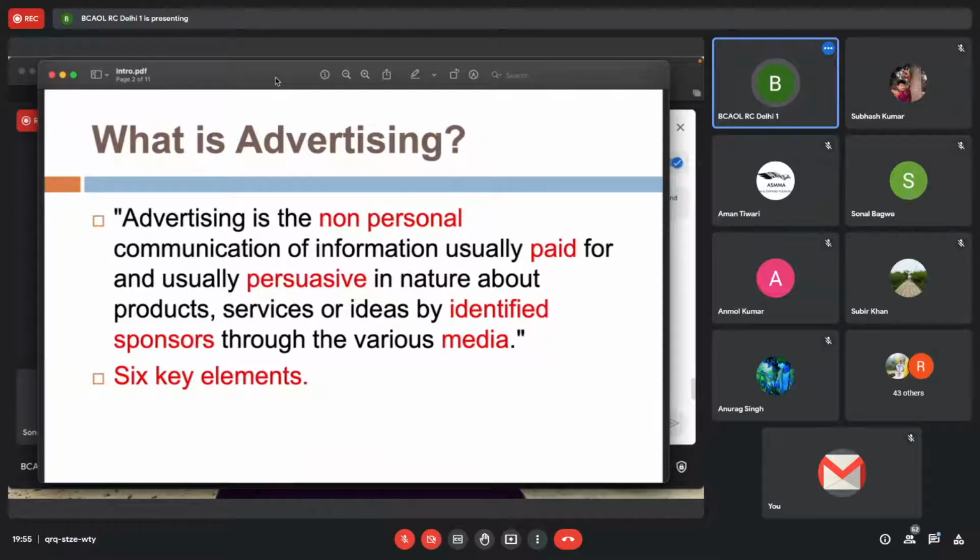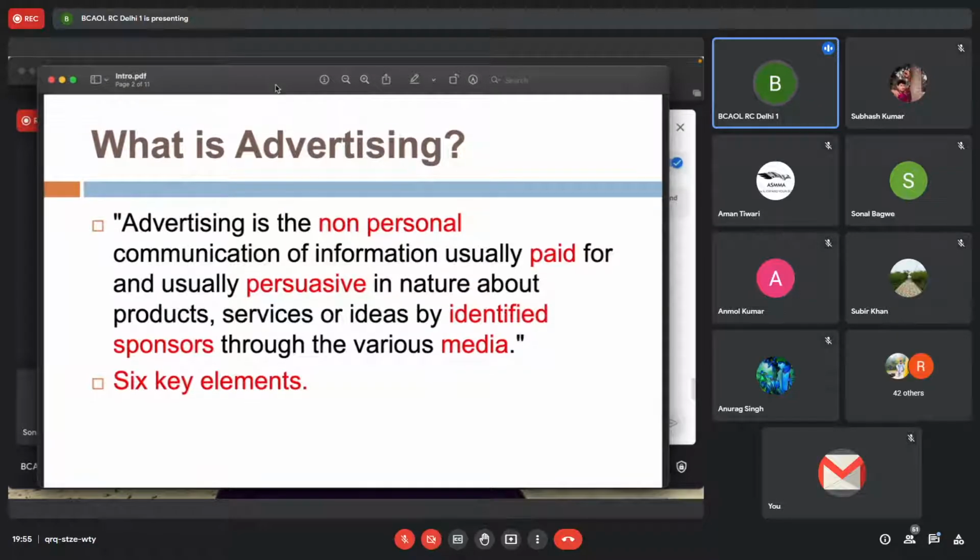Right now, the kind of advertising that we see all around us is the influencers, the so-called influencers, these people who make videos on Instagram, on YouTube, and 99% of us think that whatever they are saying is correct, which is definitely not.